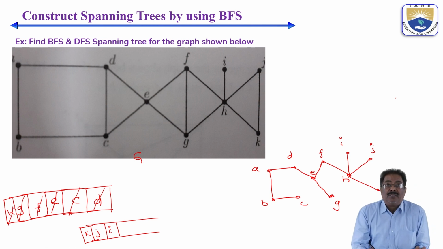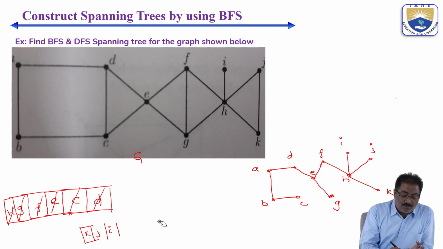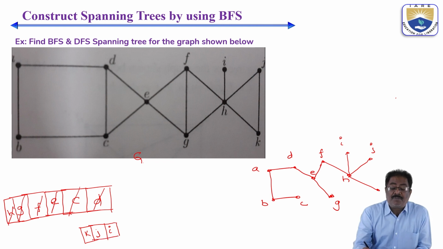Now we have I, J, K in the queue. Now we consider the next vertex, I. From I there are no other adjacent vertices, so remove that, and then J will be there. From J, only K is adjacent, but it is already visited, and I cannot connect this. If I connect this, I am going to have a loop, so remove that from the queue.